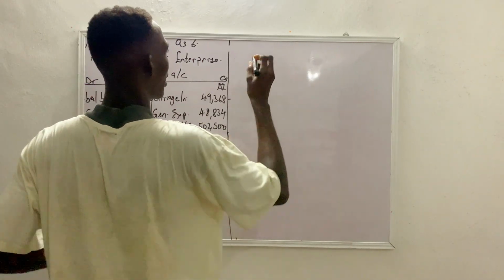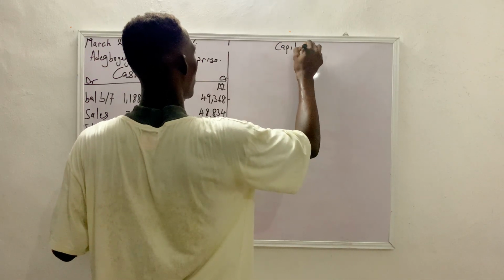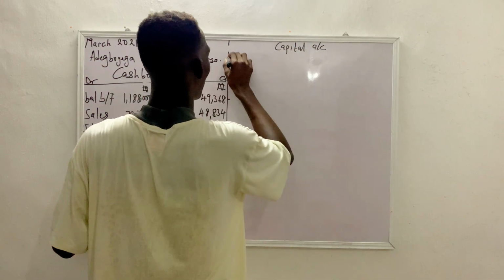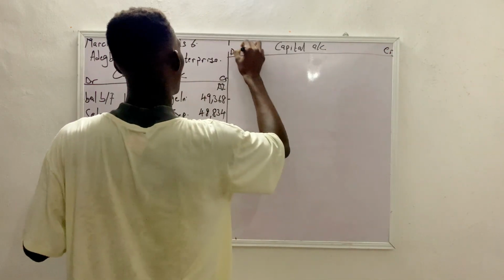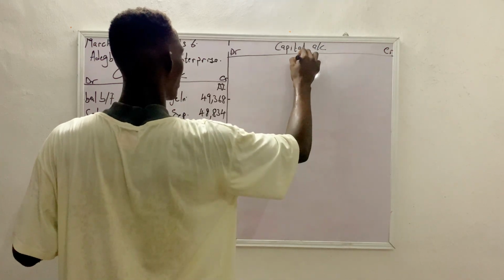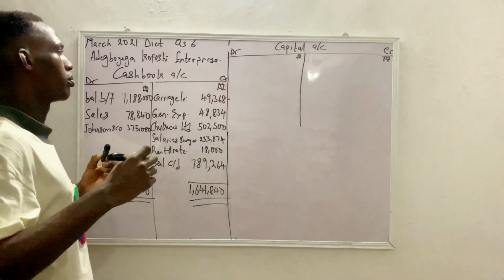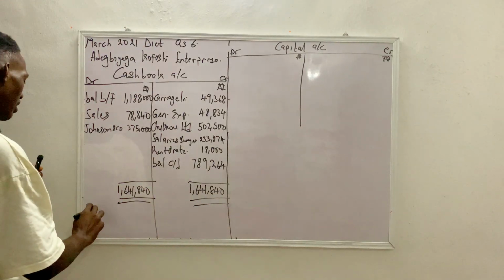So now let's create our capital account. Our credit, our debit, then our currency sign is very important. How do we know what we are going to put in as our capital account? Let me quickly make use of this place as our workings.